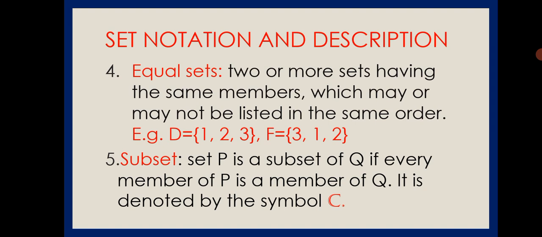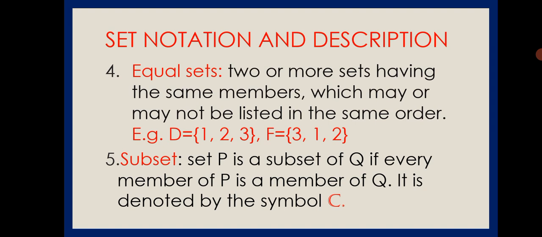The fourth one, equal sets. What are equal sets? Two or more sets having the same members, which may or may not be listed in the same order. So what are we trying to talk about?